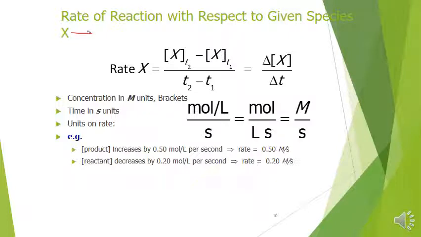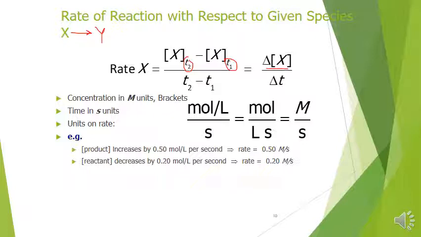So let's say we have a reaction X going to Y. All right. Okay, so you would say the rate of X would be the final time minus the initial time. So it's always final minus initial.